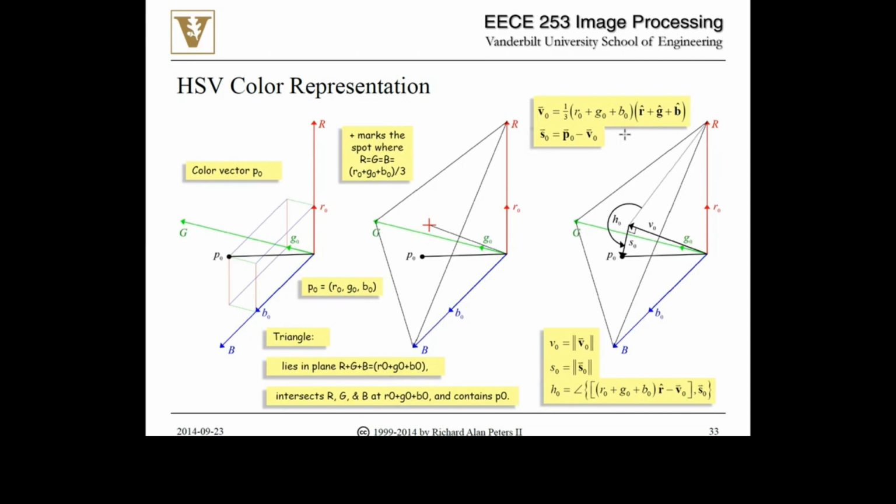But that most red point of the plane has to be R0 plus G0 plus B0, and this is a scalar, and it lies on the red axis, so it has the vector R. Okay, is it clear?